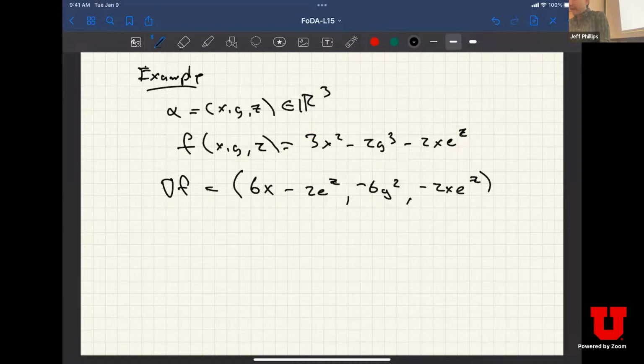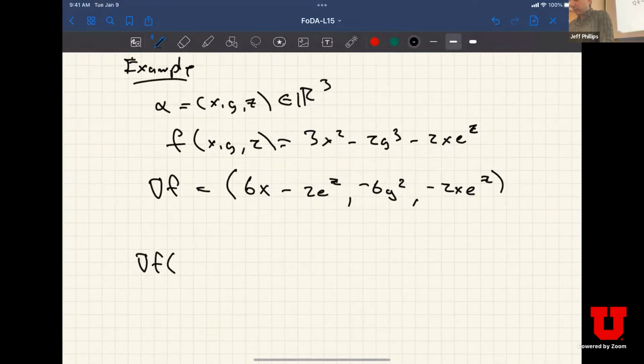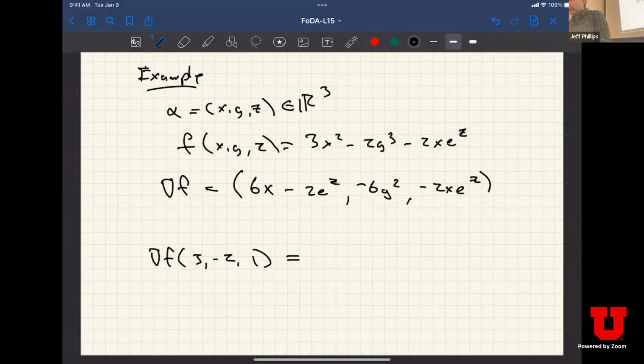Okay, now I can evaluate the gradient of f at some values, 3, minus 2, 1. I just evaluate this by plugging these in. And I'm going to get, let's see, for the x, 18 minus 2e, with the value of z being 1.